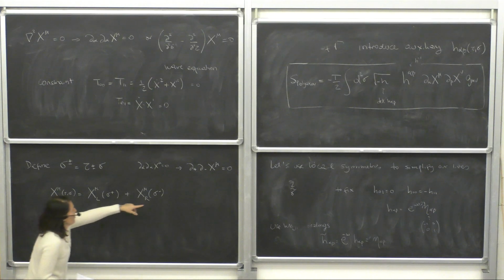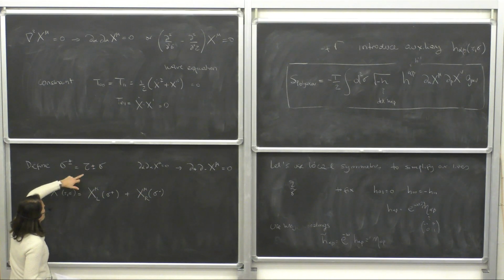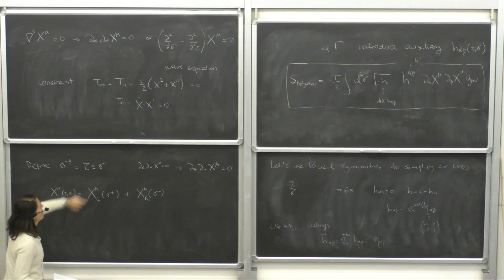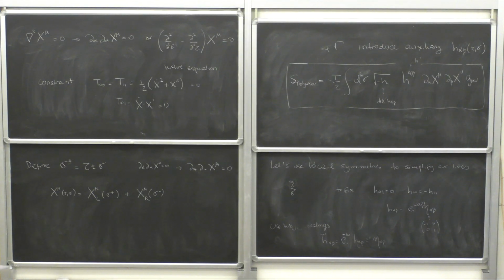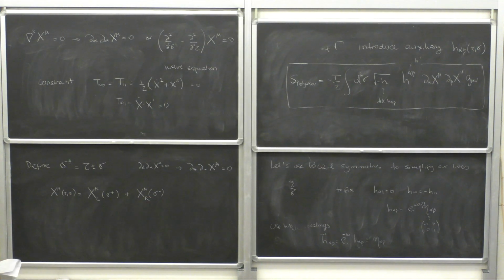Why, for example, is this right moving? If you take sigma minus to be constant, when tau increases, sigma has to increase. So those are waves that move to the right and depend only on sigma minus, and these are the left moving.